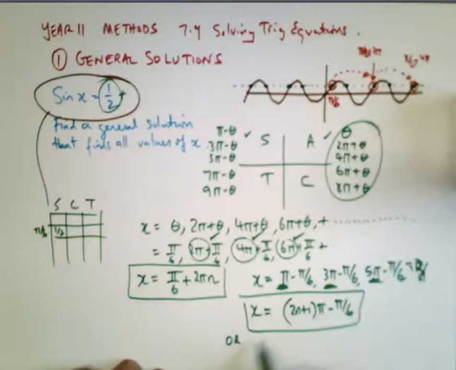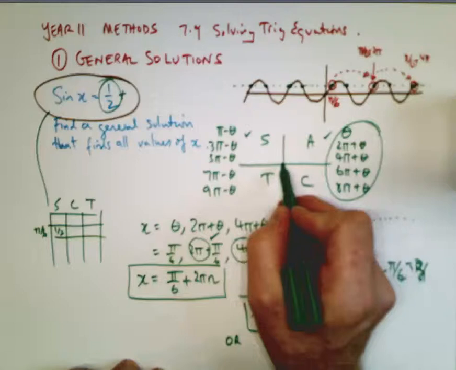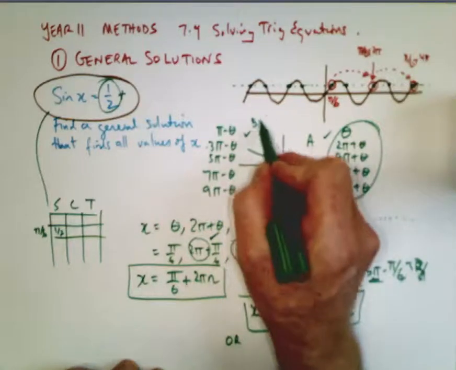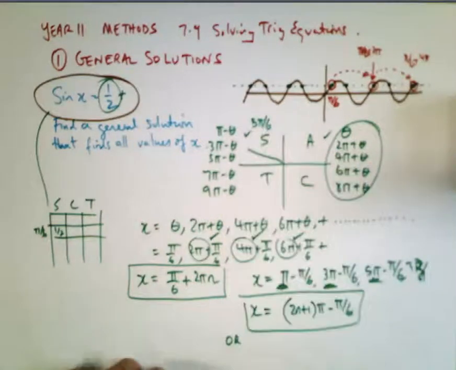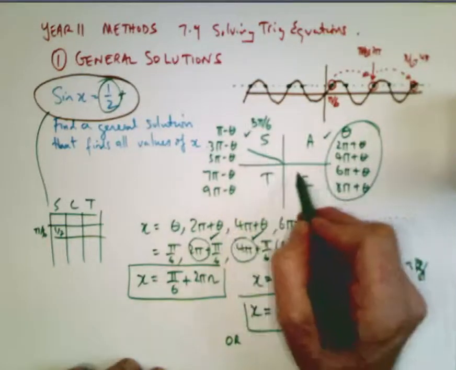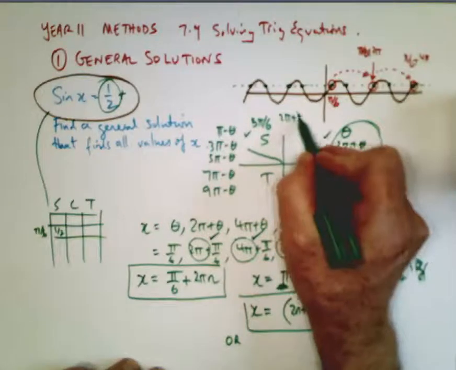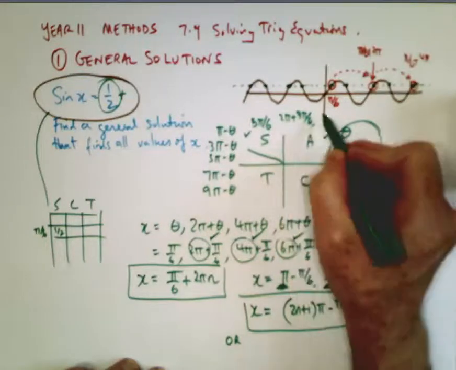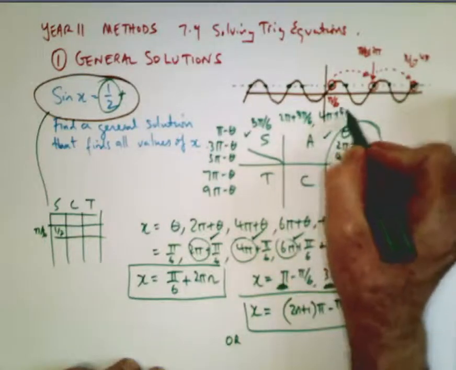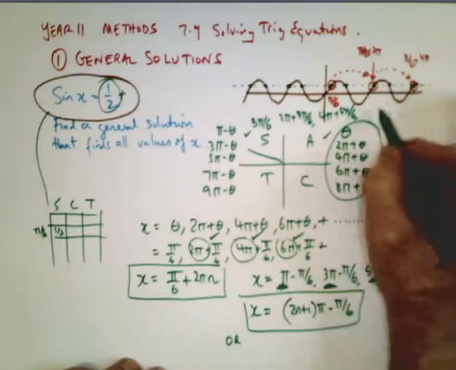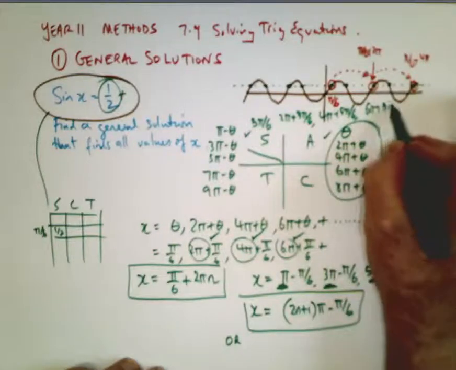Instead of expressing this in this form, I could say that I have 5 pi on 6, and then I have 2 pi plus 5 pi on 6, or 4 pi plus 5 pi on 6, or 6 pi plus 5 pi on 6.